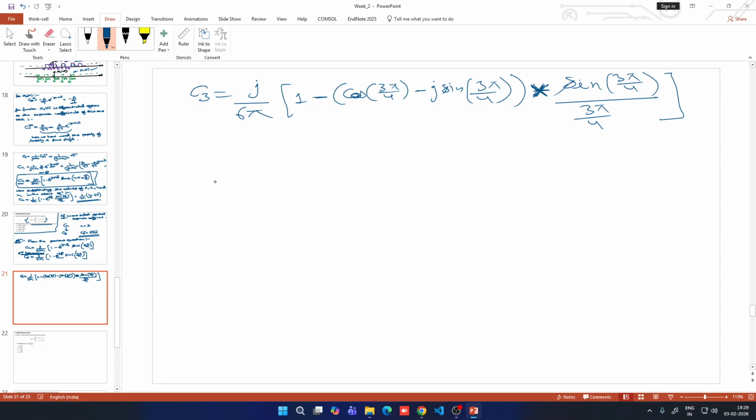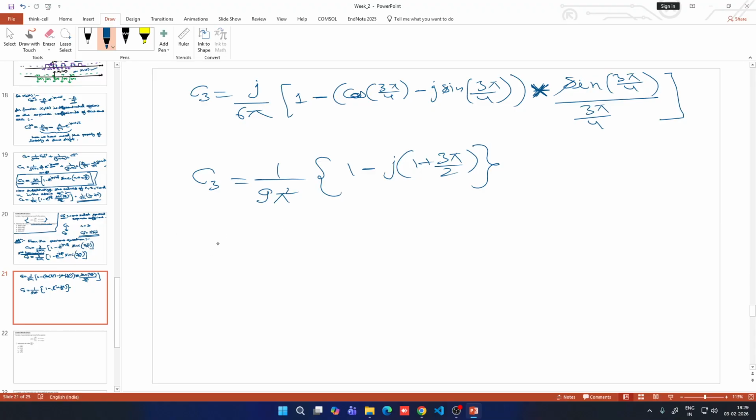When we solve this, I'm just writing the final answer directly: C3 is 1 by 9 pi square into 1 minus cos 3 pi by 4, which will be minus 1 by root 2, and sin 3 pi by 4 will be 1 by root 2. When we solve this, taking j common, we get 1 plus 3 pi by 2.